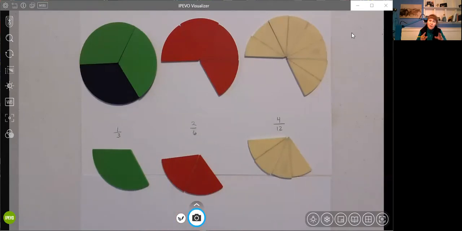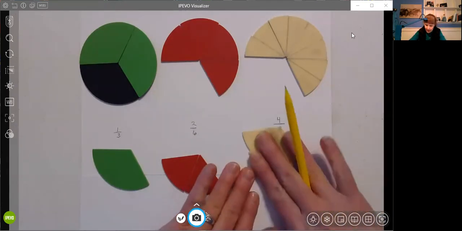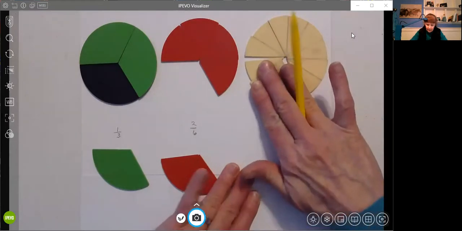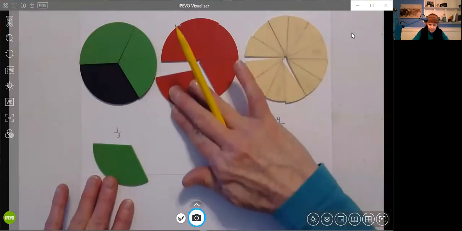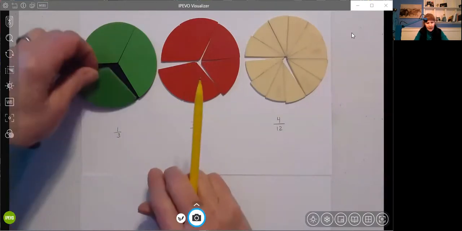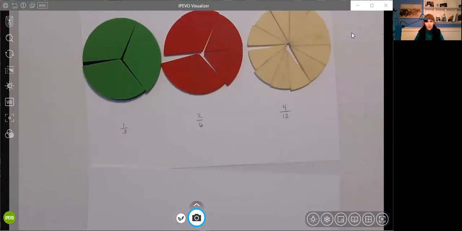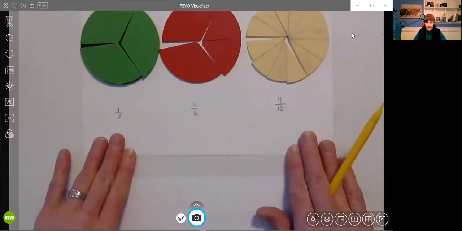To do that, to move from one to the other, it's going to take either multiplication or division, is how we move from one equivalent fraction to the next. So what I'm going to do is move these back up here so I have a little bit more room. And we'll talk about how you move from one to the other.